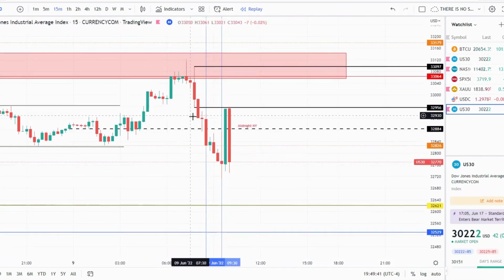And we notice that there's some imbalance that was left in here. The manipulation candle, it comes up, right? Back up. For those who decided that they wanted to enter here or here, right?